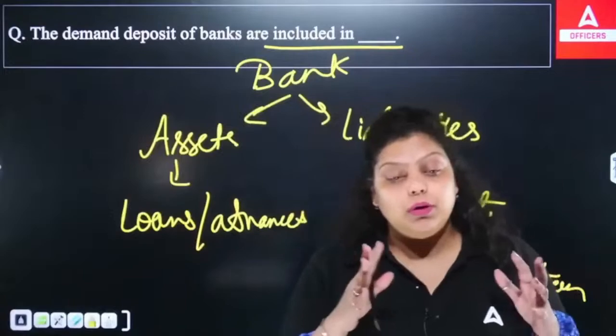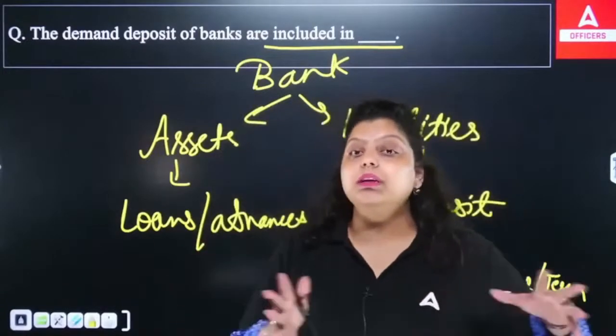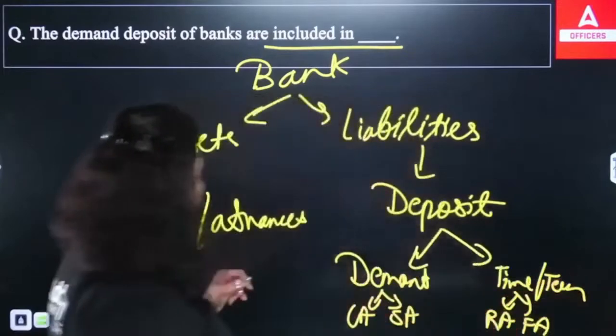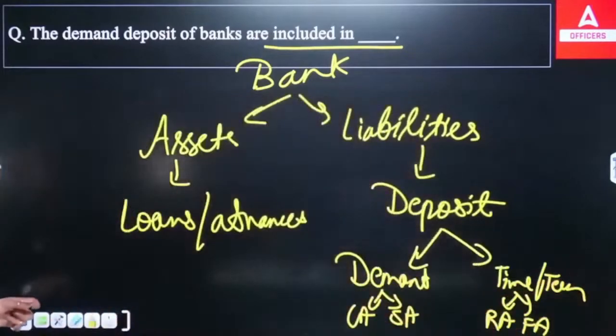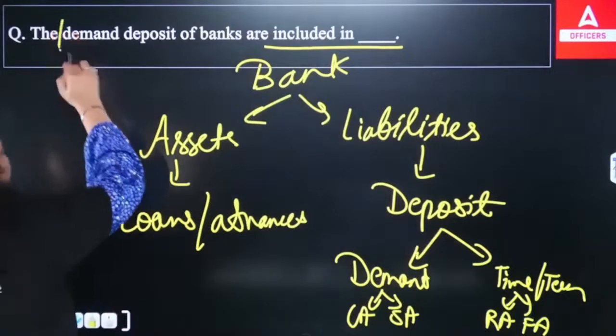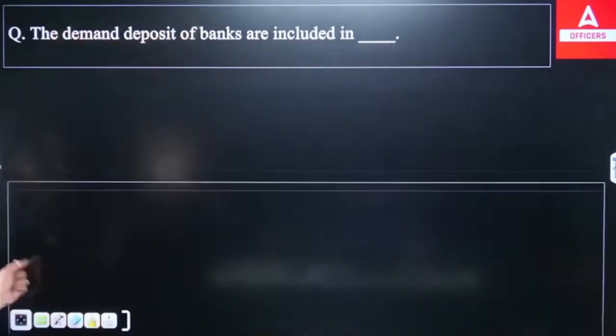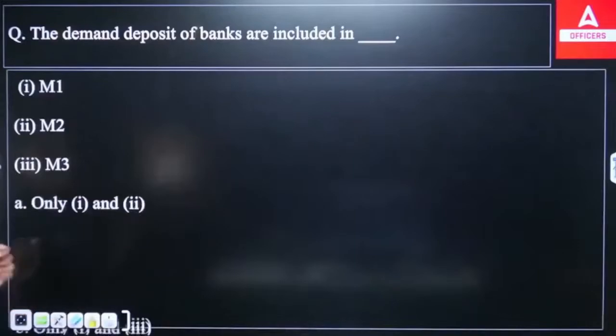Time or term deposits, on the other hand, are deposits which will be there for a particular period of time. Okay, so this is the deposit we are talking about, and demand deposit means CASA. The question is asking which of the following includes the demand deposit. So we have options M1, M2, M3.